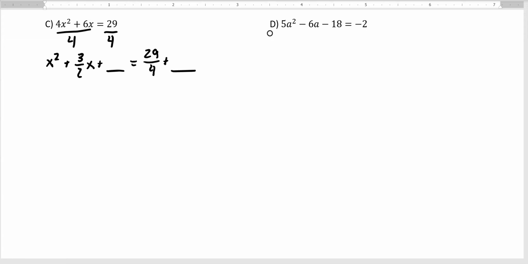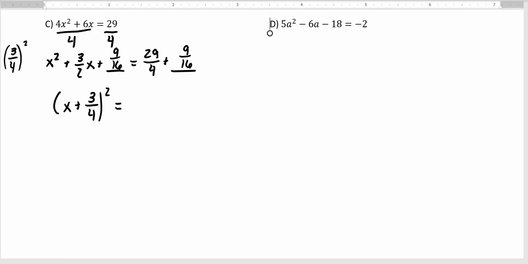So we get 3/2 over 2, which would be 3/4 squared. So this will become 9 over 16. Oh, this is going to be fun. So we'll have x plus 3/4 squared equals 29 over 4, which is equal to what over 16?